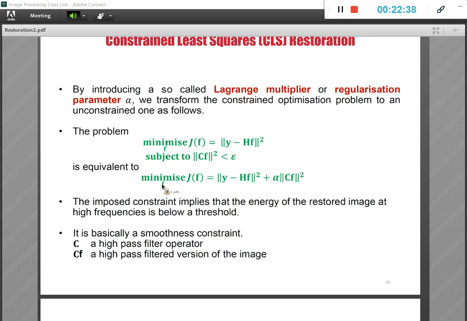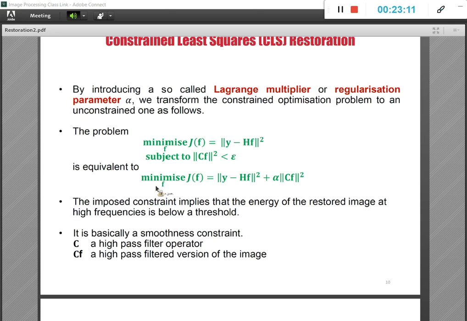This problem is equivalent to minimizing J, where J is the norm of Y minus HF squared plus alpha times the norm of CF squared, instead of requiring this term to be smaller than some epsilon or error.